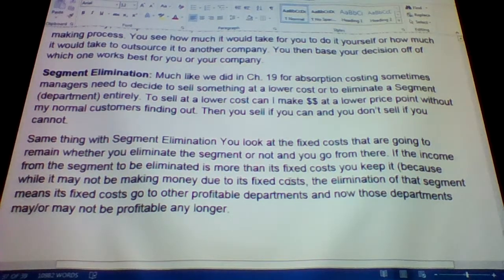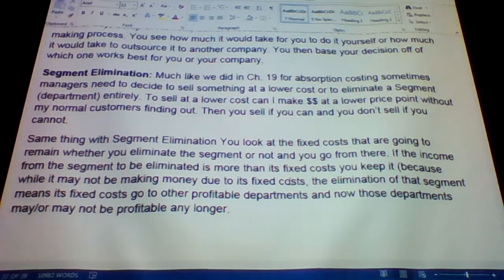You look at the fixed costs that are going to remain whether you eliminate the segment or not. That goes with depreciation, selling and administrative costs that get assigned to that department that, if you eliminate that department, are going to be spread across all the other departments. So in segment elimination you look at your fixed costs that are going to remain whether you eliminate the segment or not, and you go from there.